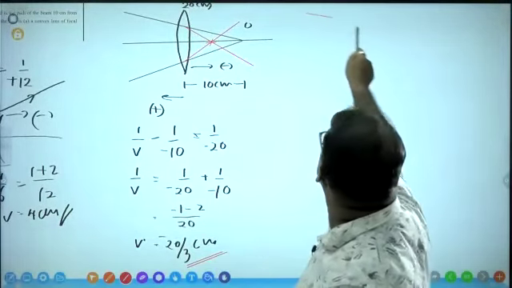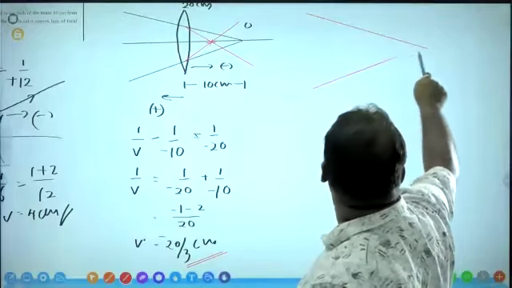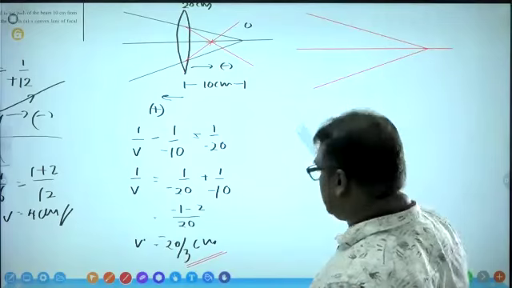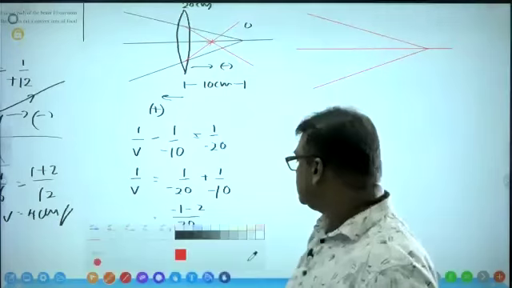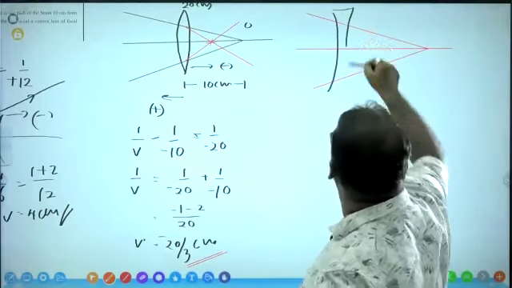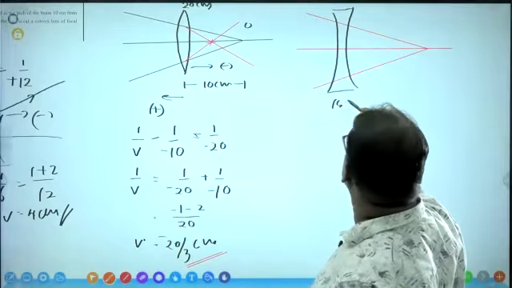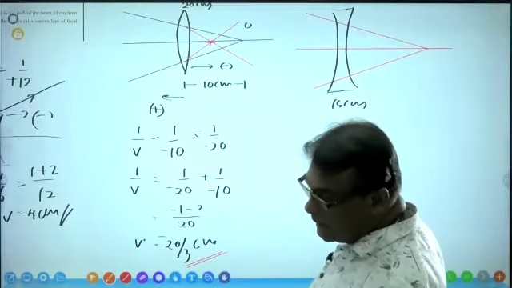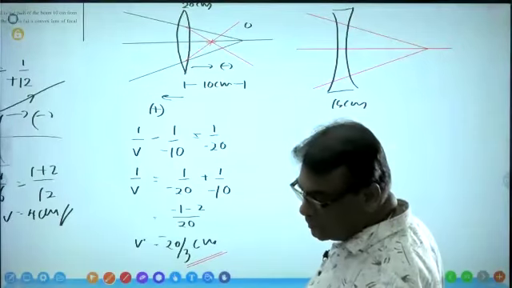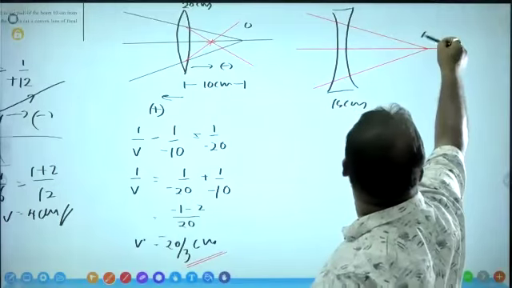Same as that. Beam of light converge to a point right here. Now you are given concave lens is placed to form an image of the focal length 15 centimeter. To the point of 10 centimeter.